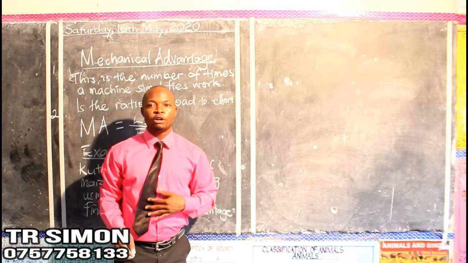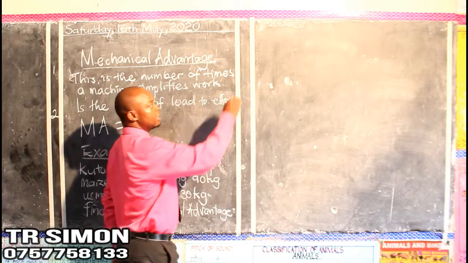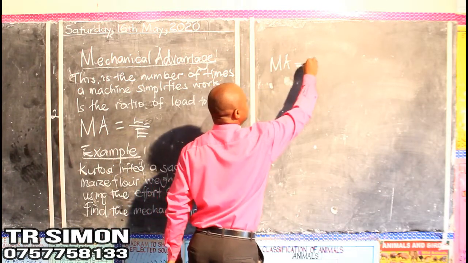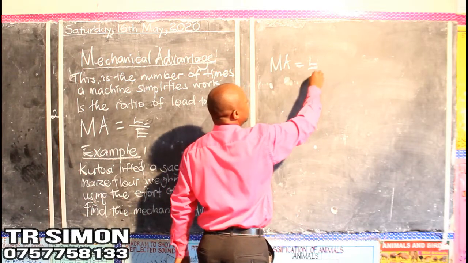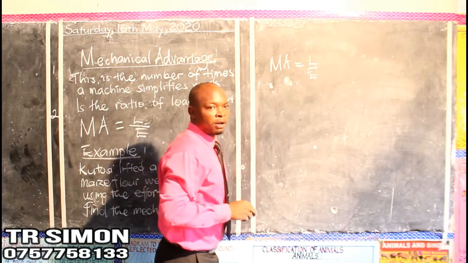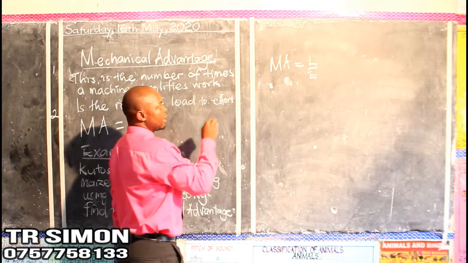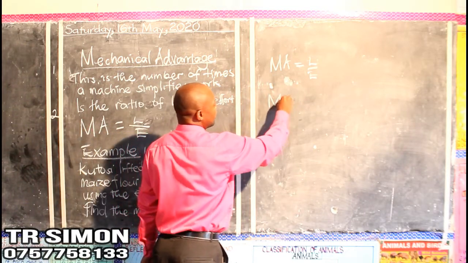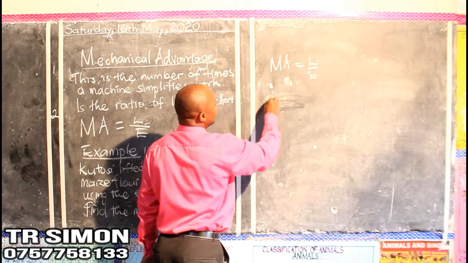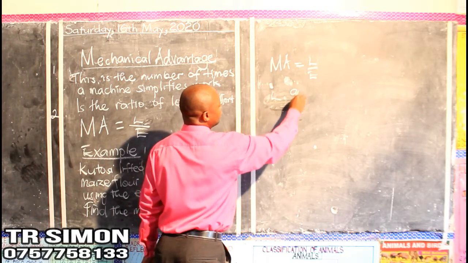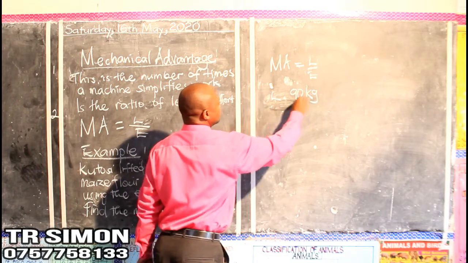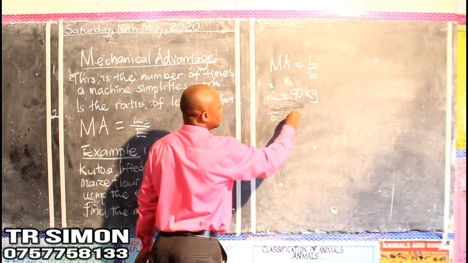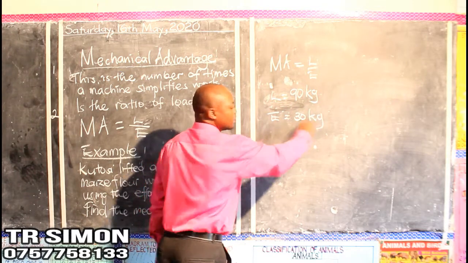To find mechanical advantage, we say mechanical advantage is equal to load out of effort, whereby our load here is 90 kilograms and effort is 30 kilograms.